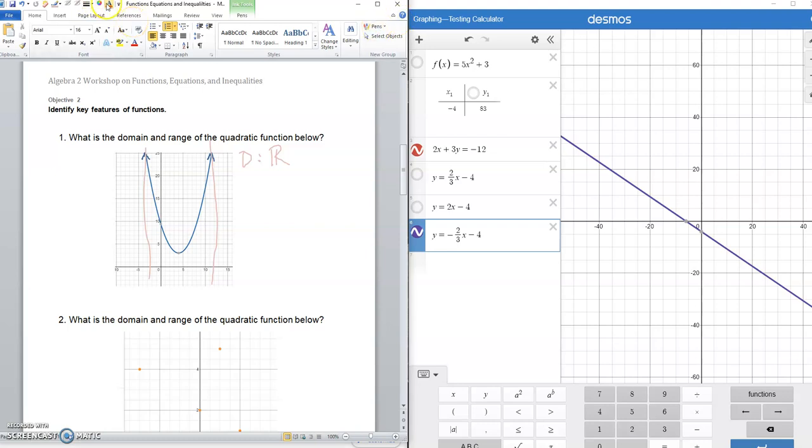So now let us go ahead and do the range. So your range are the y values, bottom to the top. Notice that on the top it's going to go to infinity, so that really won't matter. You just have to start with your vertex. If it is a quadratic function, you start with your vertex.